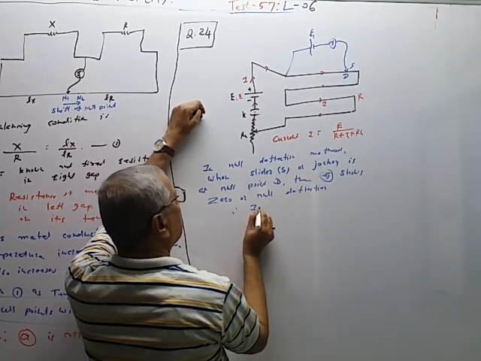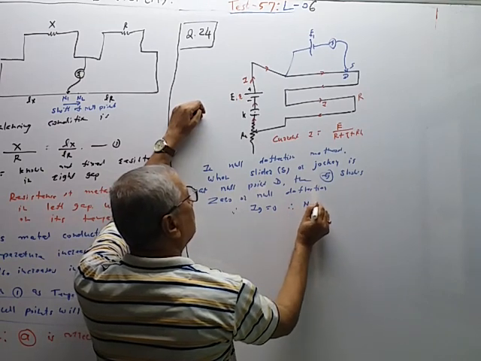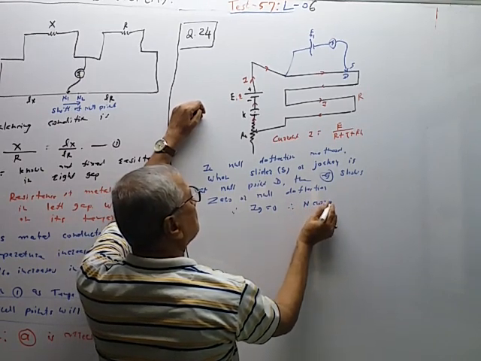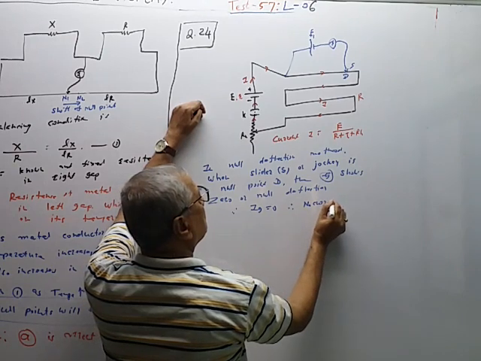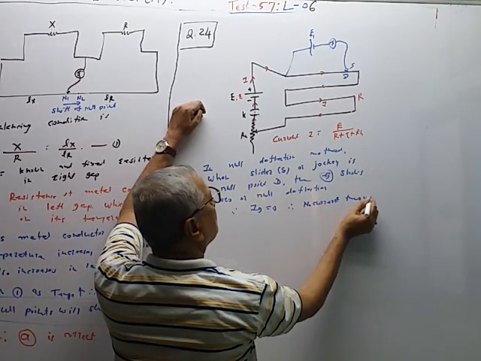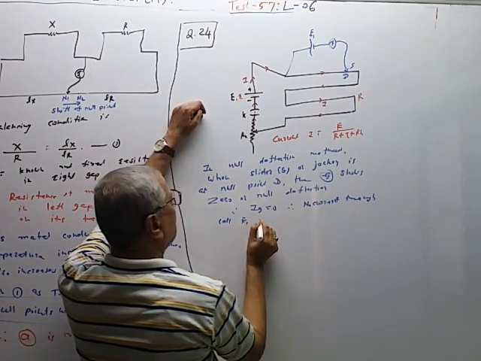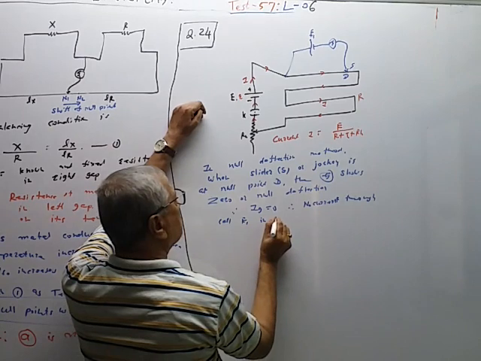Therefore, current ID is equal to 0. No current through cell E1 in the measurement circuit.